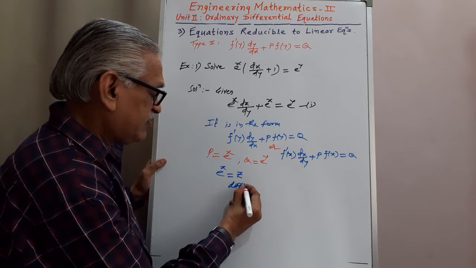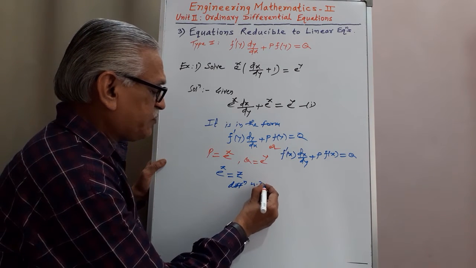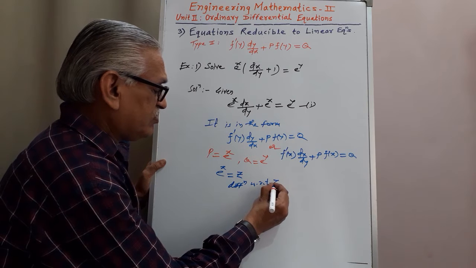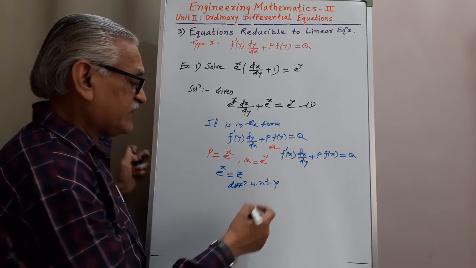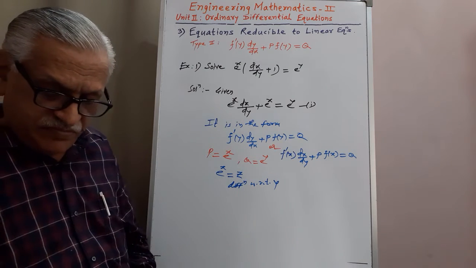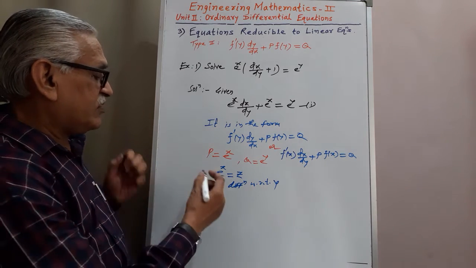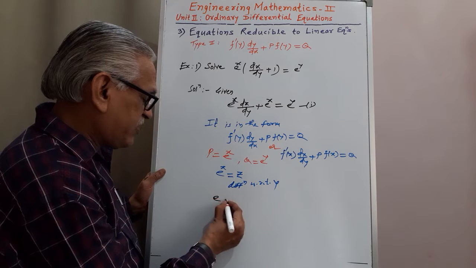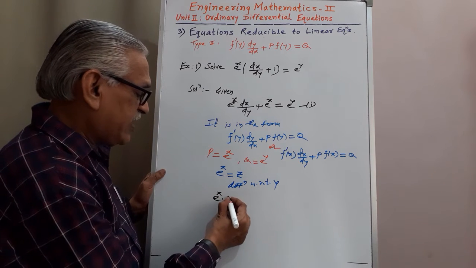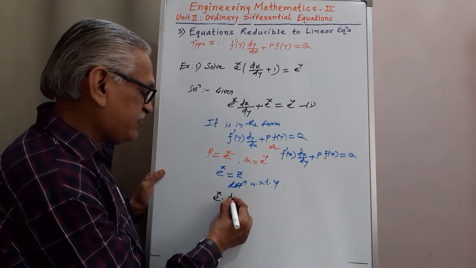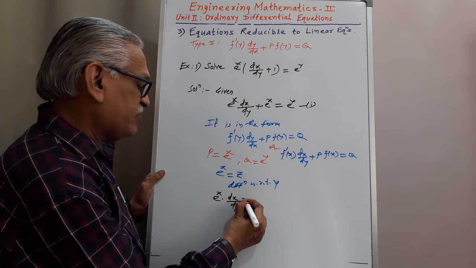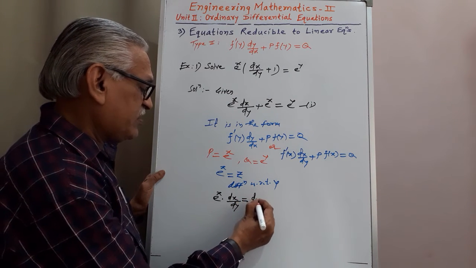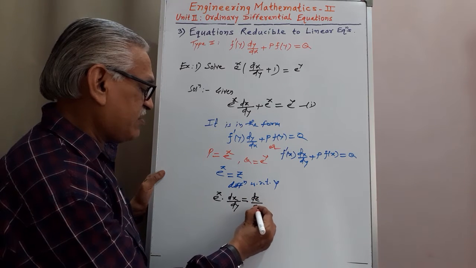Differentiating with respect to y, we get the derivative of e raised to x is e raised to x. By chain rule, the derivative of x with respect to y is dx by dy, and this is equal to dz by dy.